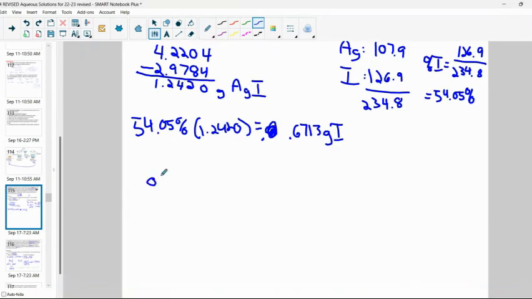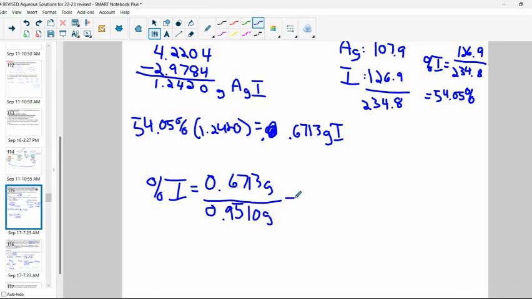To figure out my percent iodine in the original, I'm going to take my 0.6713 grams, the part that's iodide, over the total, 0.9510 grams. That divided by 0.9510, I'm going to get 70.58% iodine.